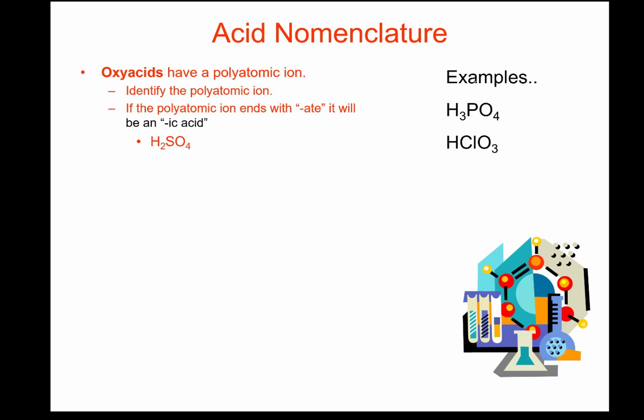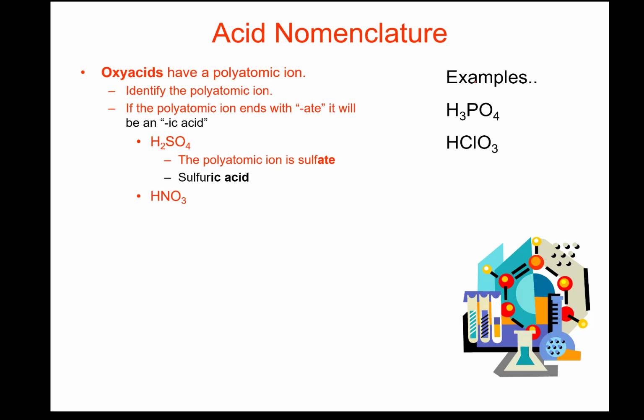So H2SO4. SO4 is the polyatomic ion sulfate. Sulfate ends in ate, so we change it to sulfuric acid. There's no hydro. When there's a polyatomic ion, there's no hydro. So just sulfuric acid is the name for H2SO4.